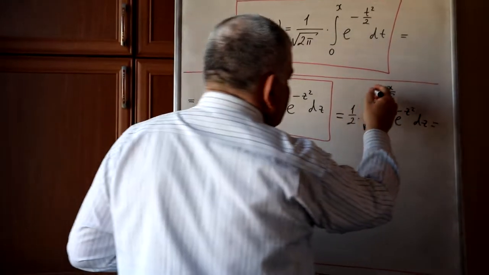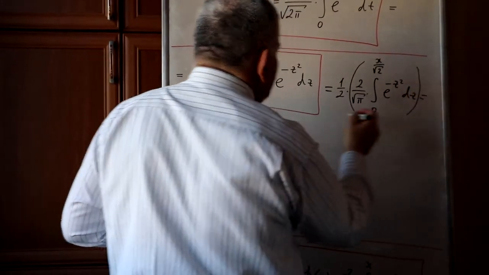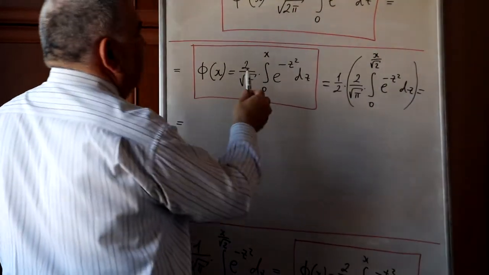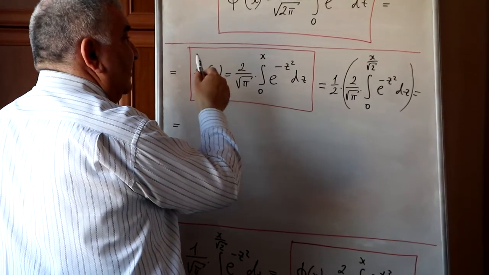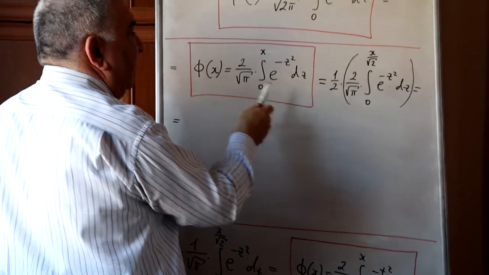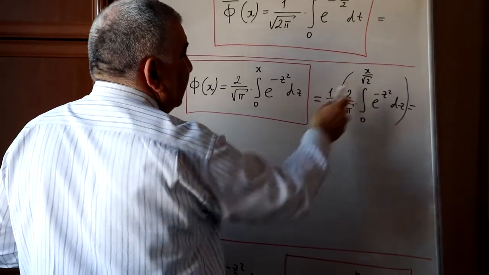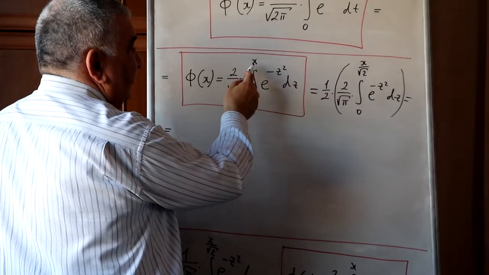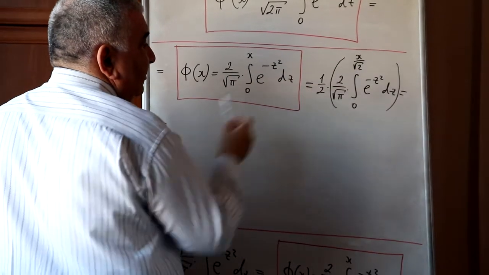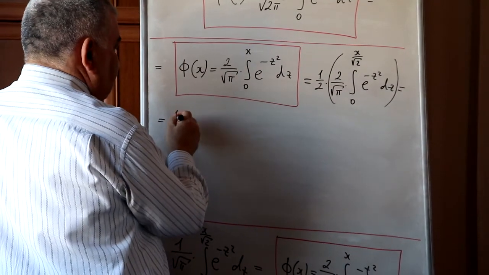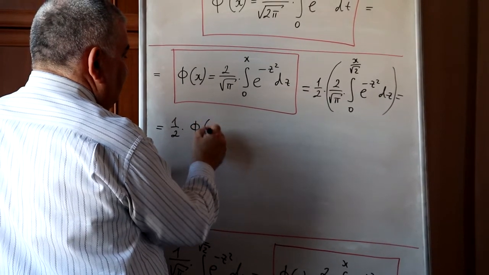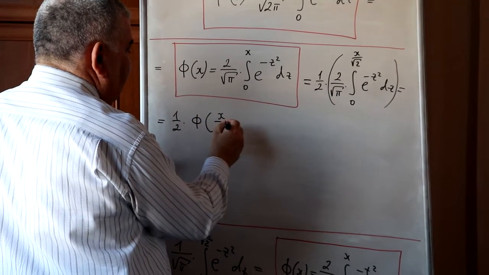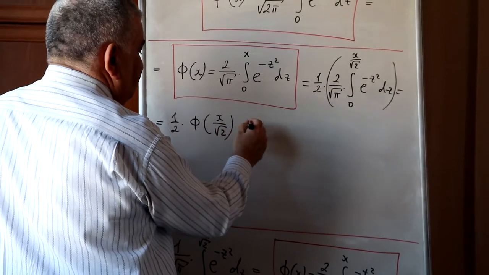This expression in parentheses is the value of the error integral at the point x over square root of 2, because here we have x, but here x over square root of 2. It is equal to 1/2 multiplied by phi of x over square root of 2.